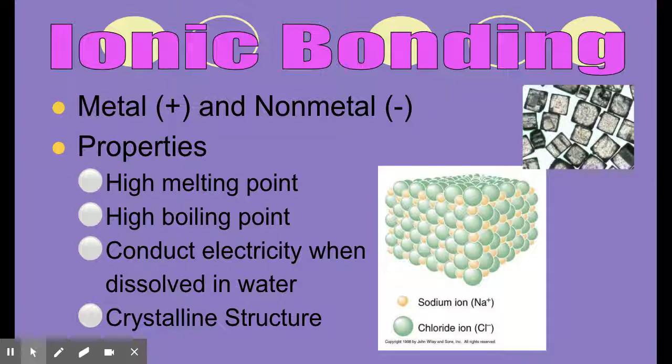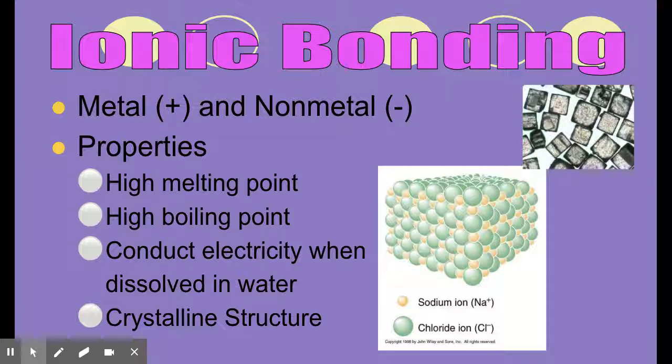If you dissolve salt in water, which is what this picture in the middle shows with the sodium and the chloride, that's table salt, it will conduct electricity if you ran electricity through that solution. And they form a crystalline structure. That's important to know.